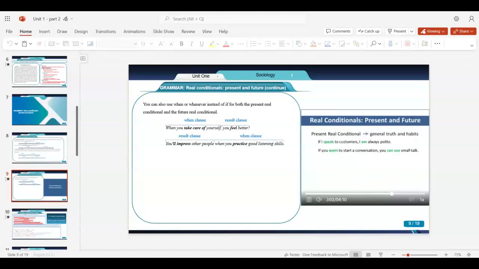To summarize, we can use the present real conditional with the simple present or modals to talk about general truths and habits. We can use the future real conditional to talk about future results using the simple present and will or be going to.